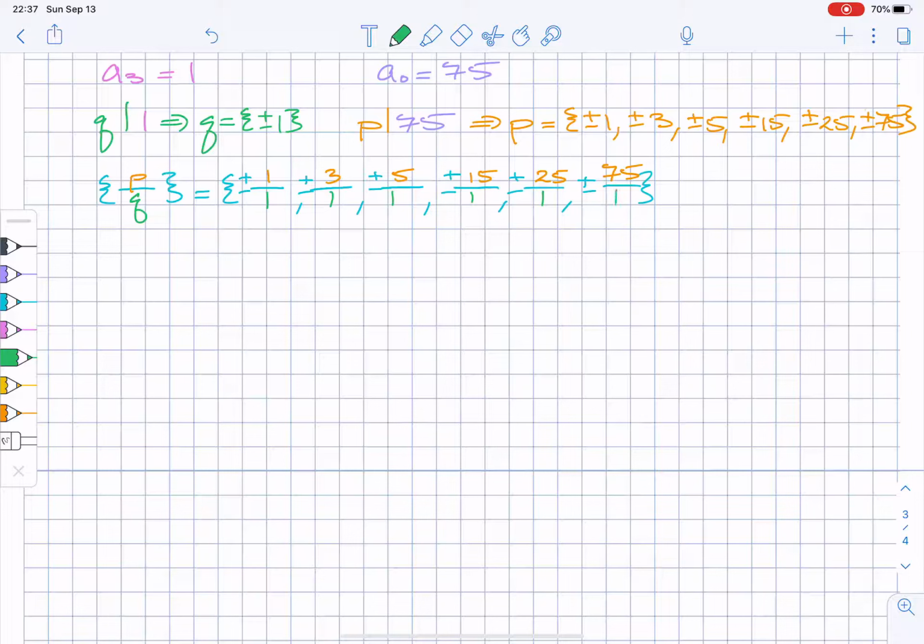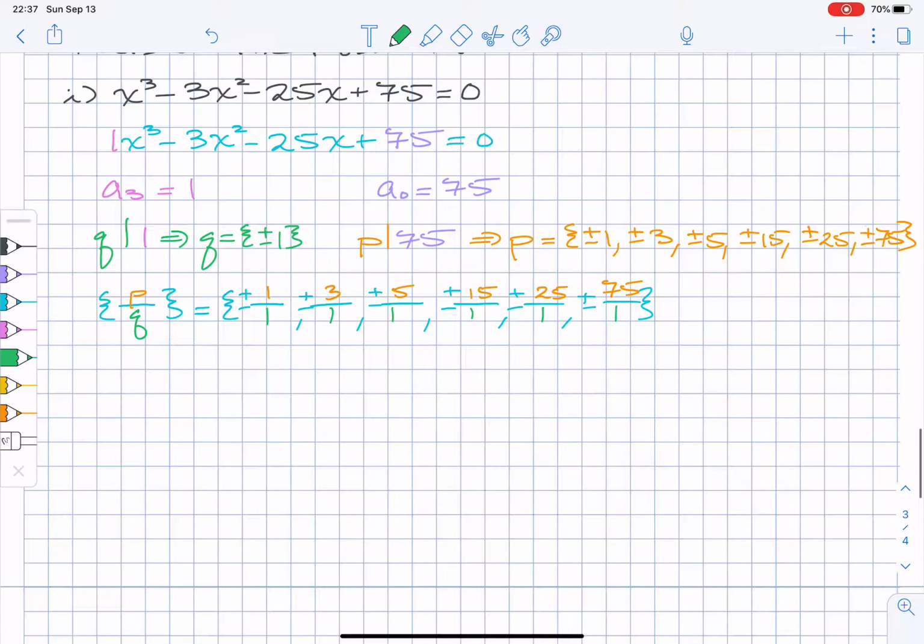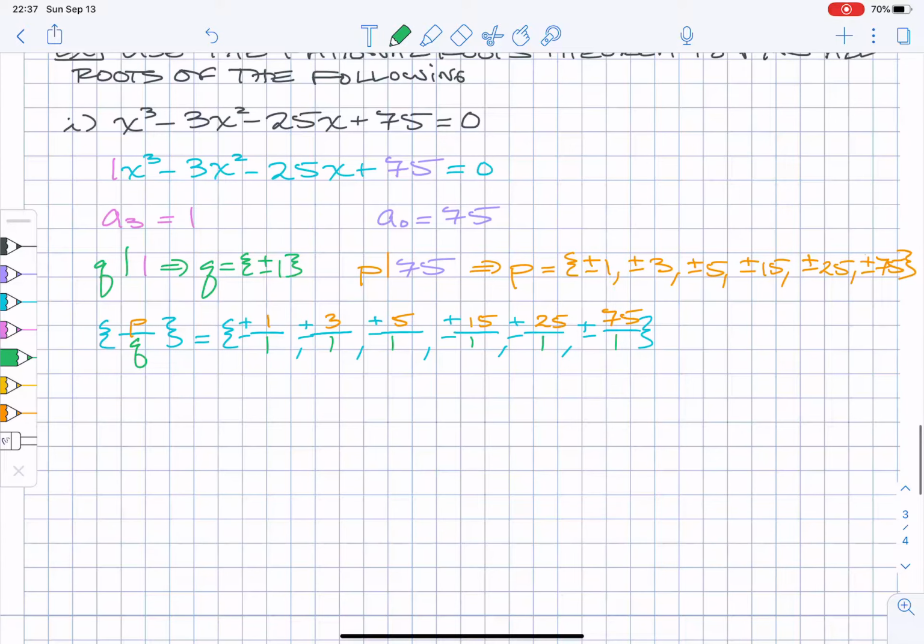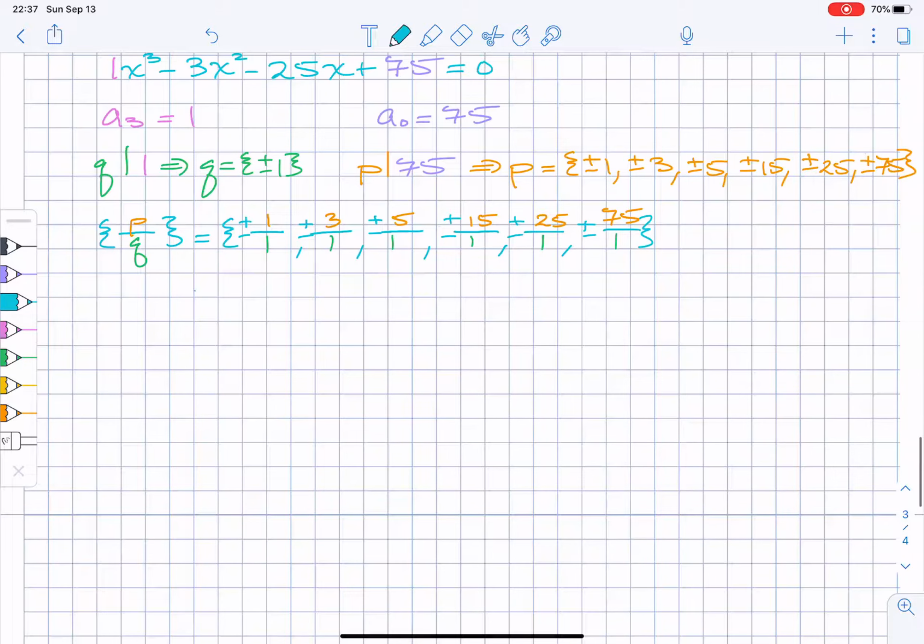So it's basically the same set as p, because anything divided by 1 is a whole number. So p over q will be plus or minus 1, plus or minus 3, plus or minus 5, plus or minus 15, plus or minus 25, and plus or minus 75.